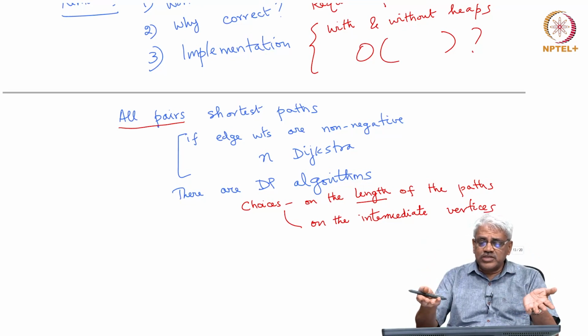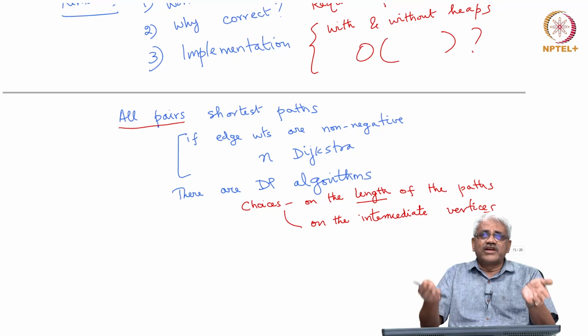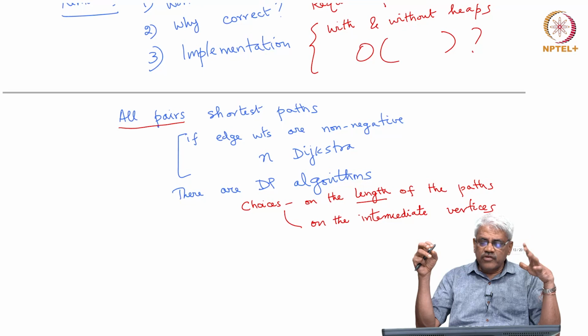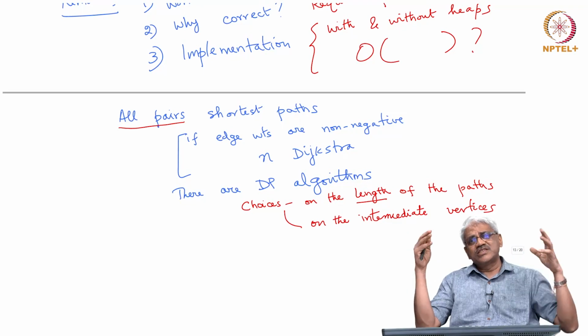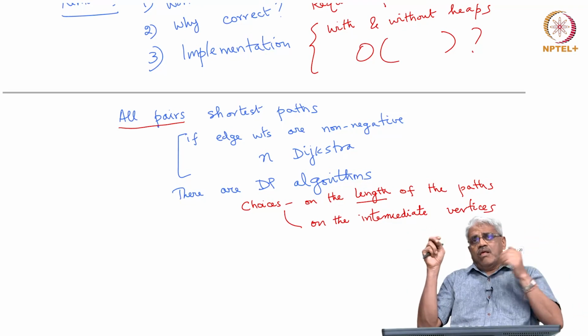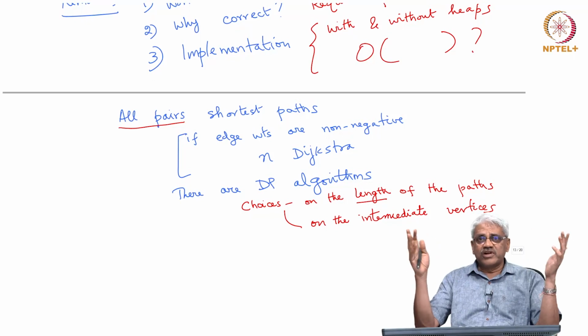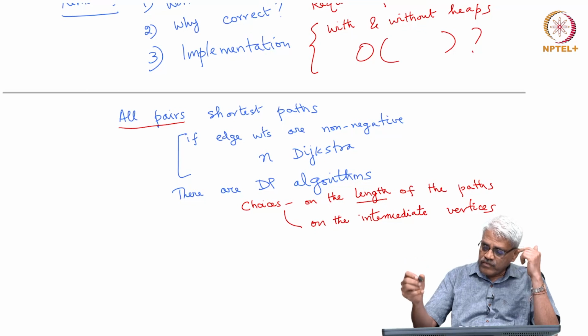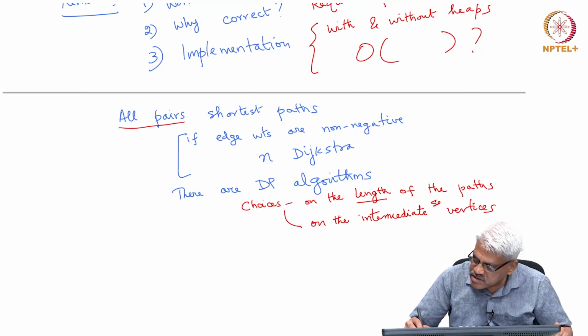Of course, that you can try only if the edge weights are non-negative. And of course, if there are no weights on the edges, then you have BFS, try from every vertex kind of a solution.